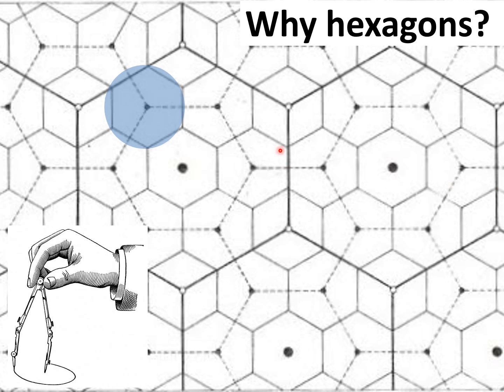Let me step back. So why hexagons? One of the reasons we have hexagons in this model is that if we draw a circle to represent, if I'm a person and I'm here, the furthest distance I'm willing to travel is the edge of this circle.